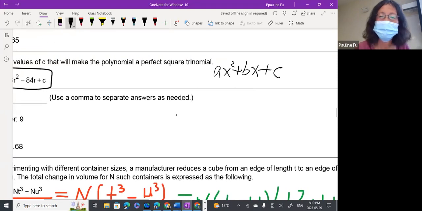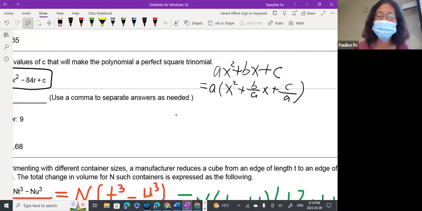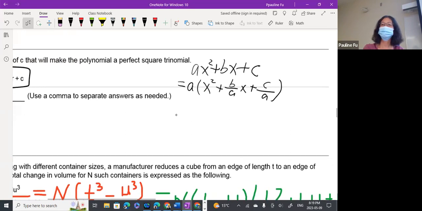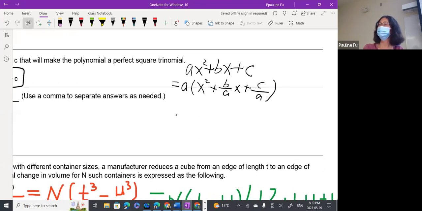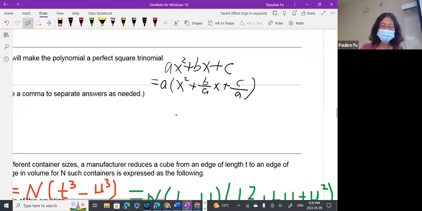So first, you factor out a. Is this right? And then you make a little bit of change.